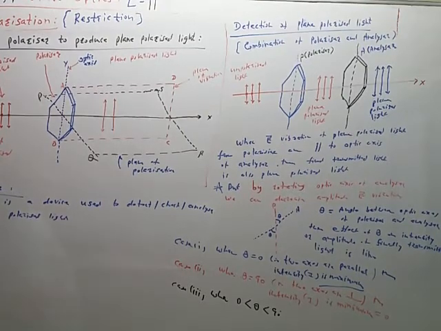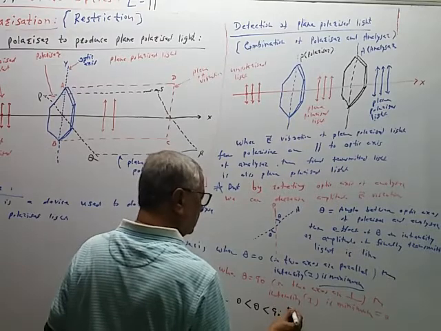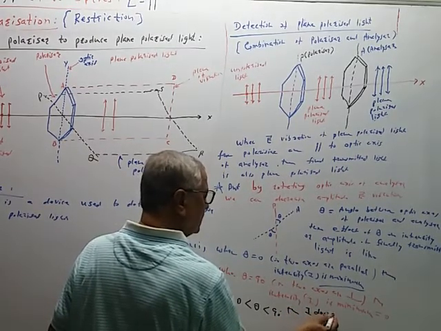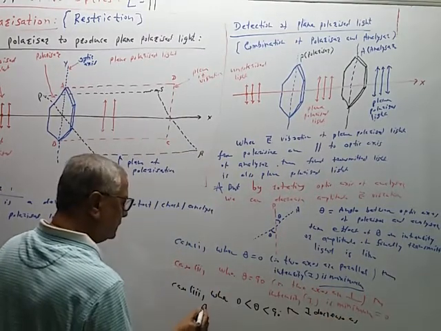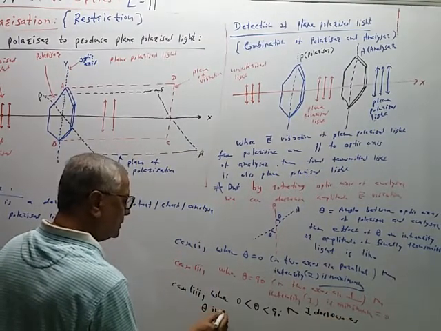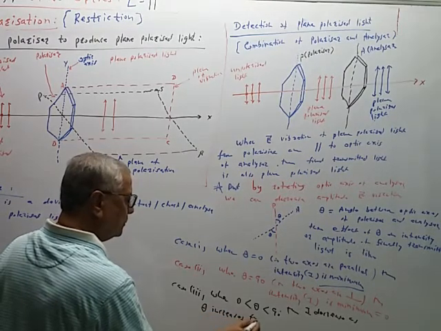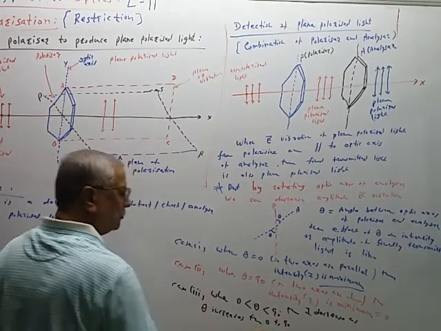So in this case, I decreases as theta increases from 0 to 90 degree.